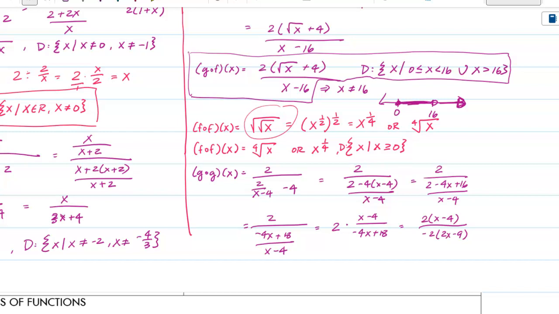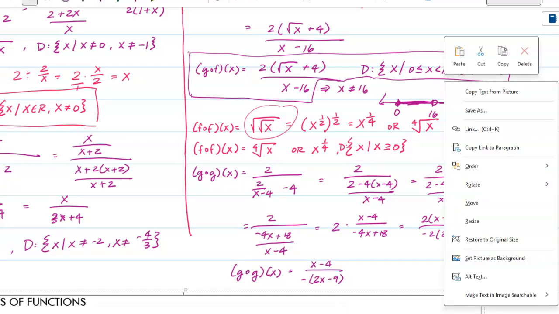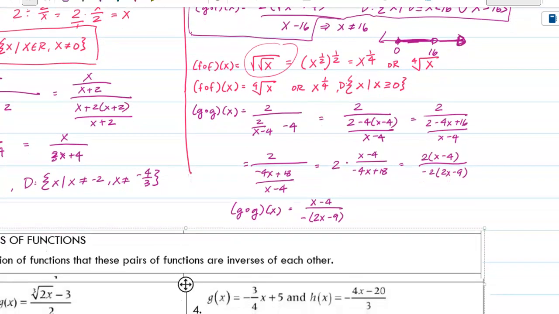Okay. And then I can reduce this, and it becomes g of x equals x minus 4. We still have the negative out here, and 2x minus 9. I'm going to distribute that through. It doesn't matter. It's not going to change my domain. I could put it on the top with the parentheses. It doesn't matter. Okay. Let's go ahead and simplify.